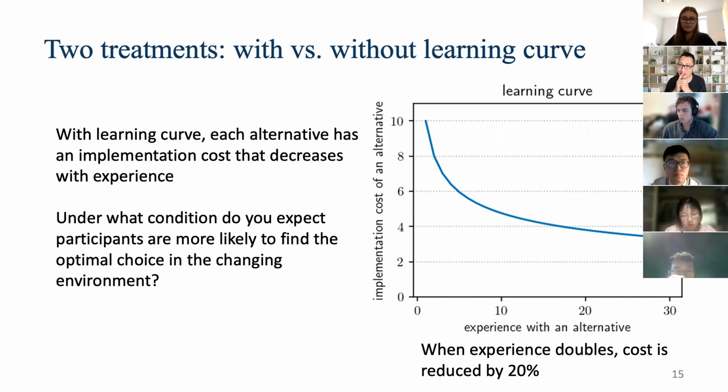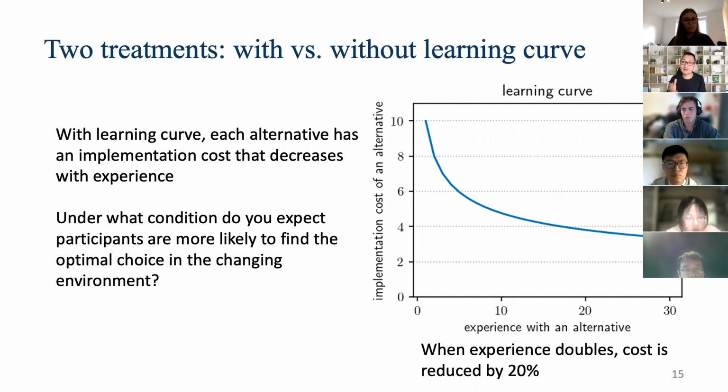Because when you have learning curve, that means if you try one alternative, your payoff from that alternative will be increasing, right? But you may mistake that increase in payoff as the payoff from the technology increasing, when it's actually from your learning curve. It's hard for you to tell.